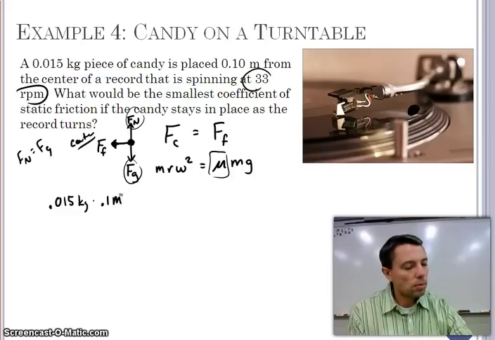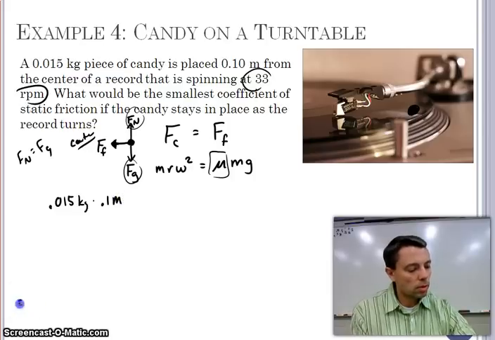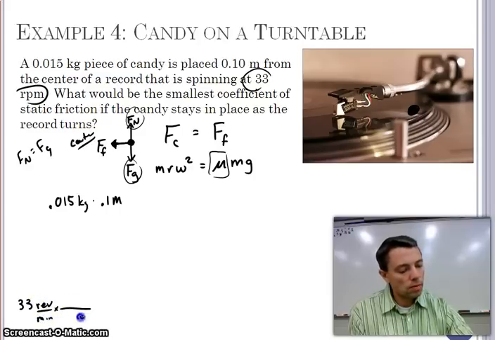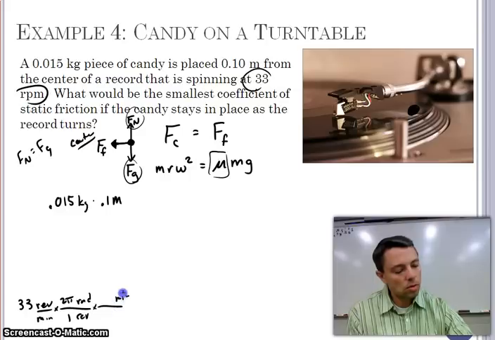Now I'm looking for my omega, and I need to do a conversion. So I'm going to go 33 revolutions per minute. And I'm going to change from revs to radians. 1 rev is 2 pi radians. And I'm going to change from minutes to seconds. And in 1 minute, it's 60 seconds.